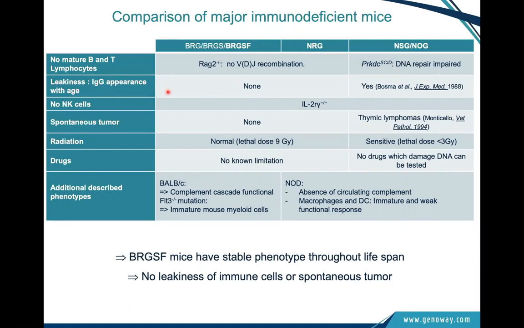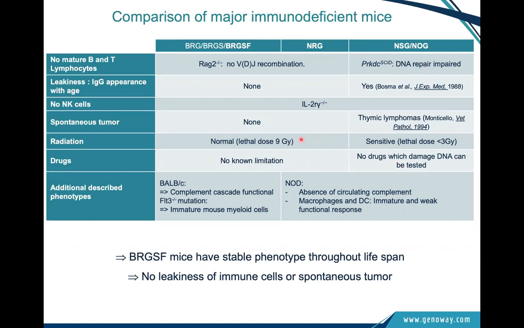And the SCID mutation also results in spontaneous tumors because the SCID gene is involved in DNA repair mechanisms. So when you knock it out, there are spontaneous tumors which develop in those mice. None of this is reported for the RAG mutation, and both models have no NK cells.